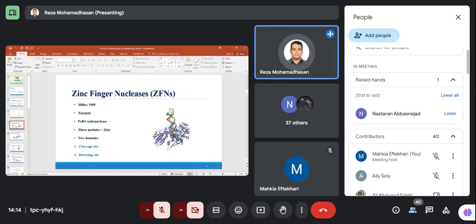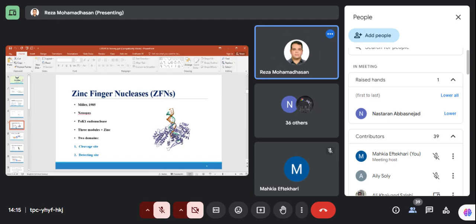The first technology that I want to look at is zinc finger nuclease, or ZFNs. The system was found by Miller in 1985. He found it in Xenopus, the African frog.